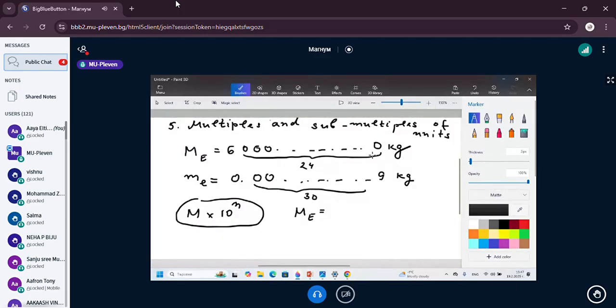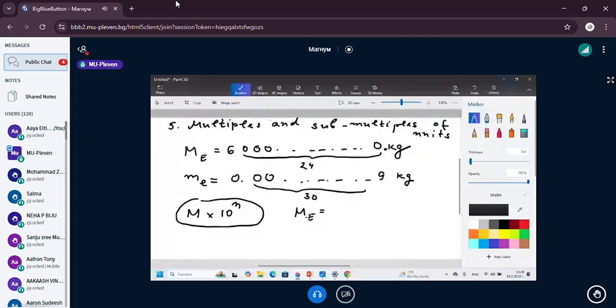We need to shift the understood decimal point to the left in the original number until a single non-zero figure is left. How many positions? 24 positions.